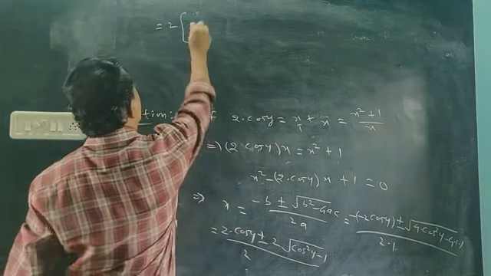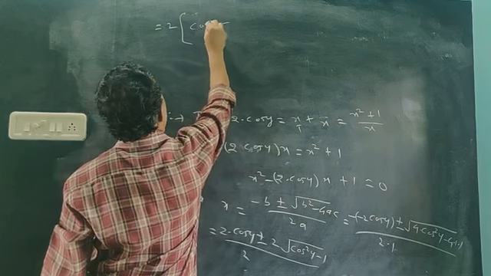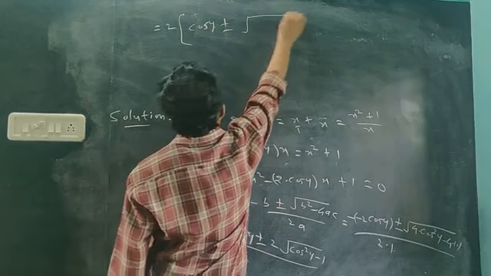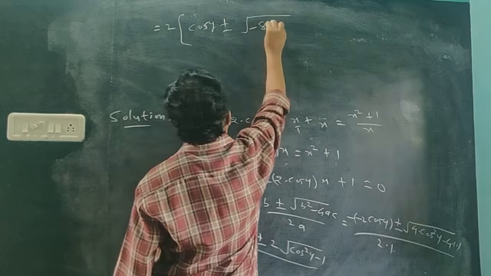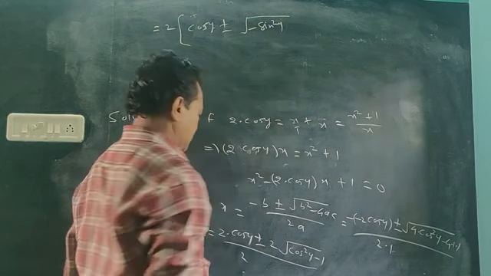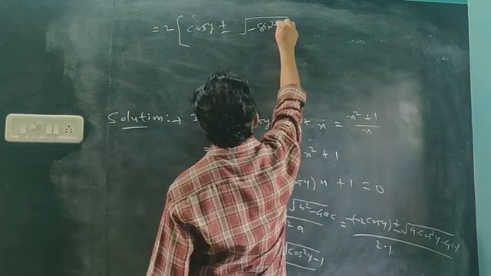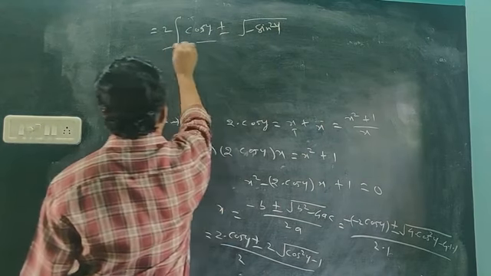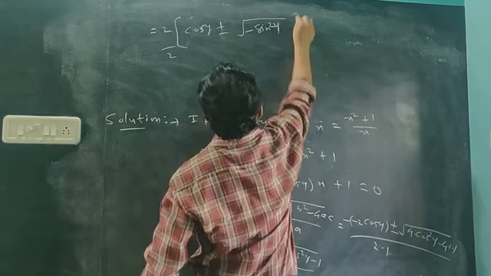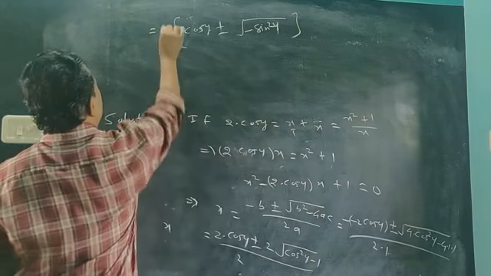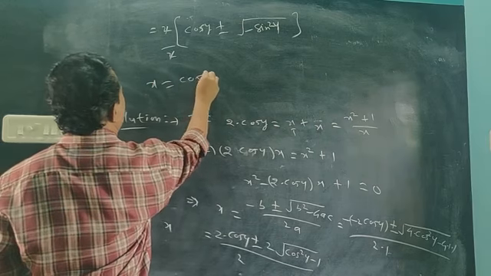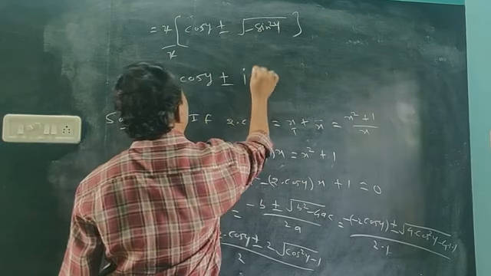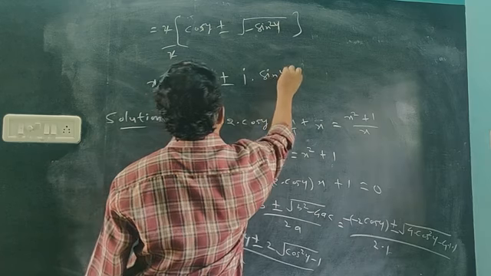Two common: cos y plus or minus root of cos square minus 1, which is minus sin square, since 1 minus cos square is sin square. So the 2 cancel. X will be cos y plus or minus root of minus 1, which is i, and root of sin square, which is sin y.